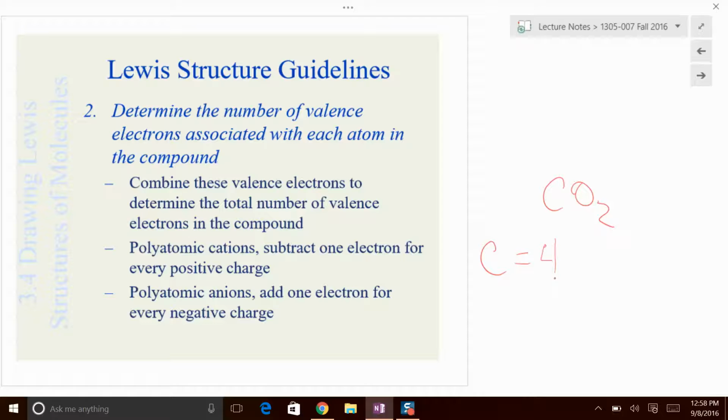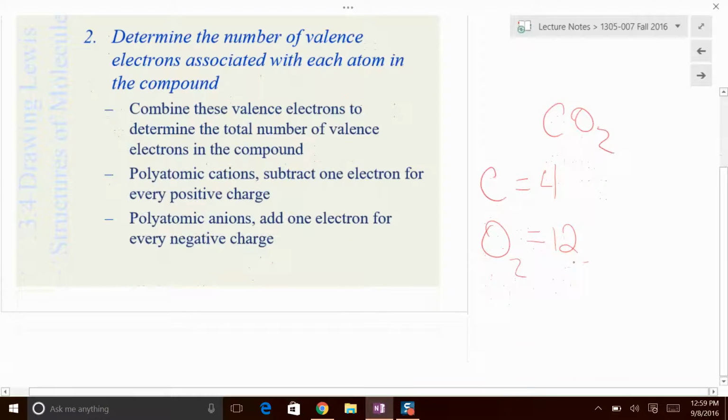It's the 4th element in period 2, which means it has 4 valence electrons. Okay? Oxygen. How many valence? 6 times 2, 12, right? 12 plus 4, 16.